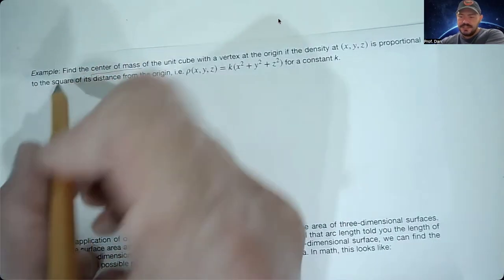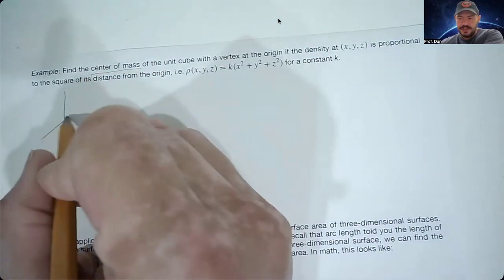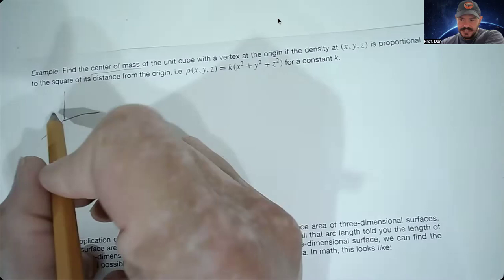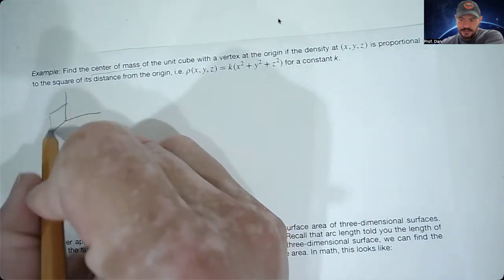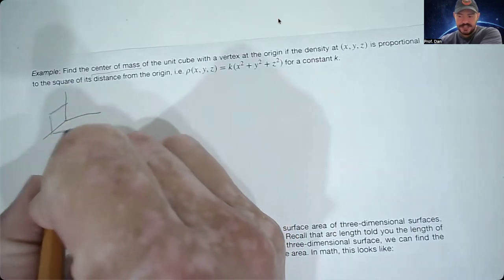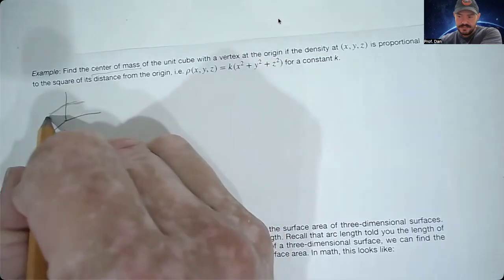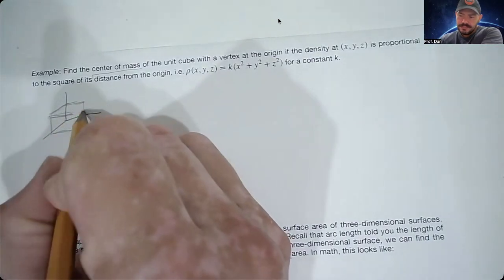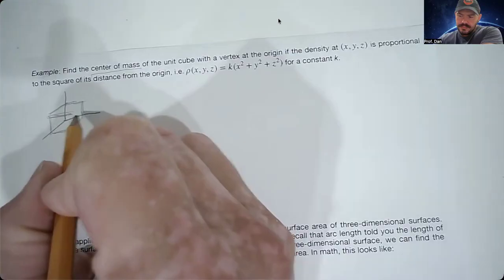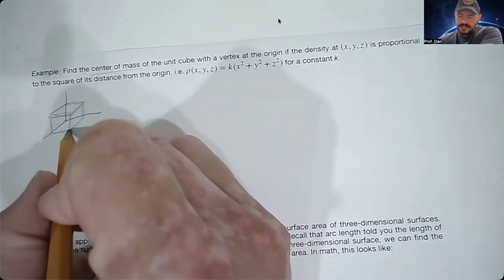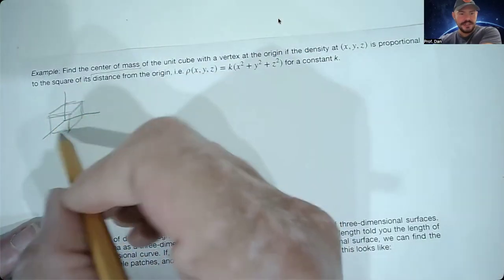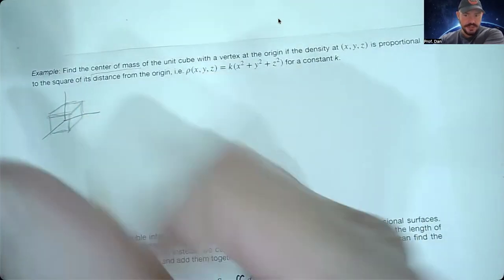So that kind of gives us a choice on how we orient the cube. Because I want to keep things simple, I'm going to keep the cube in the first octant. Okay, so all of these side lengths are 1. That makes it a unit cube.